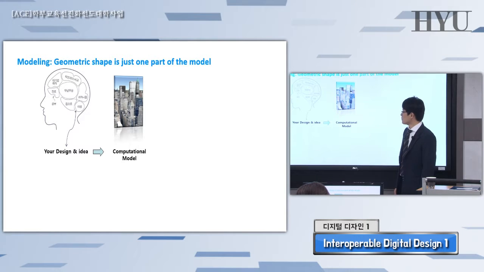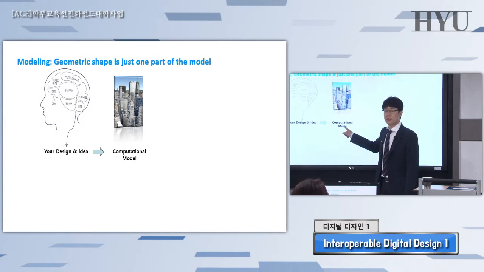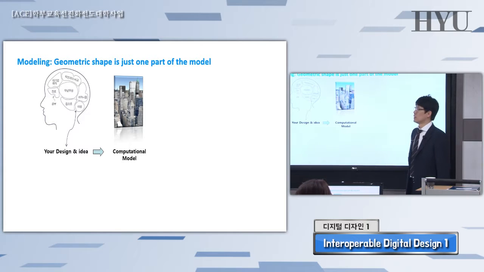Anyway, if you have a centralized, integrated computational model, for example, a 3D Max file, Revit file, SketchUp model, whatever, okay? I'm not talking about which one is better, but that kind of computational model, especially in 3D geometry, is a good candidate.